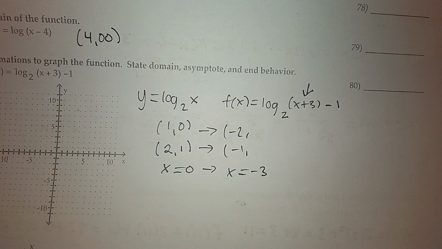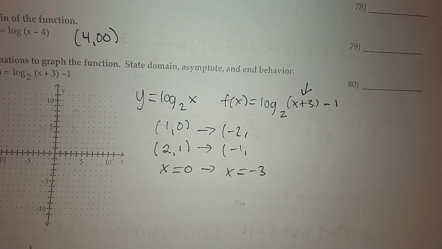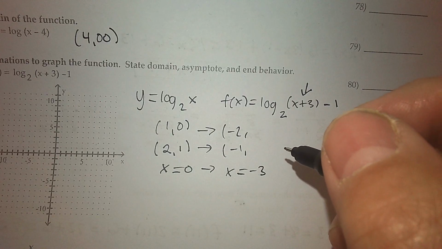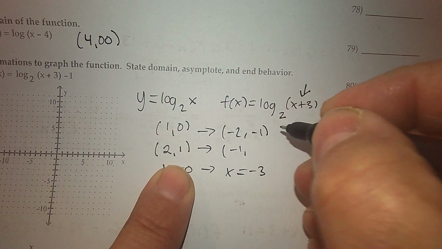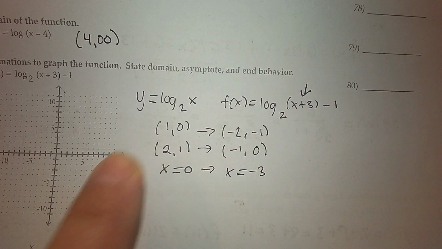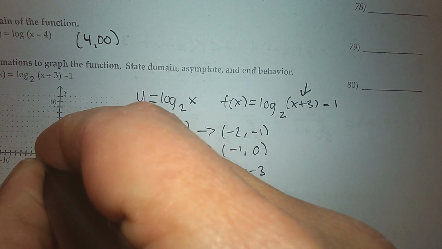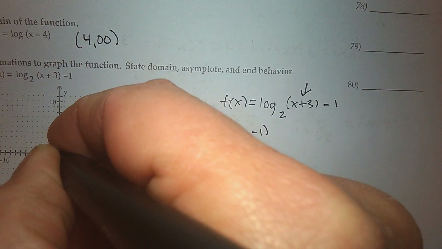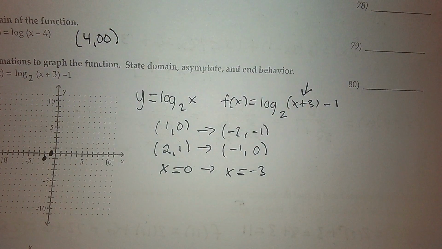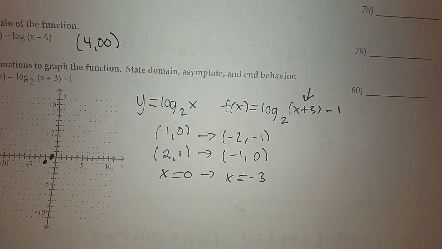And it does what it says. So I'm going to subtract 1. 0 subtract 1, 1 subtract 1, and now I'm done. So negative 2 and negative 1, negative 1 and 0, and we have an asymptote at x equals negative 3.